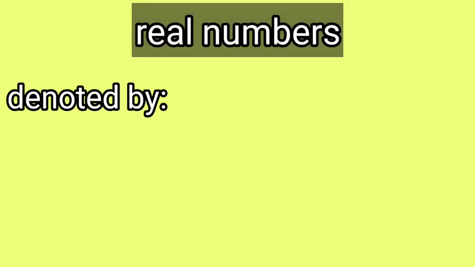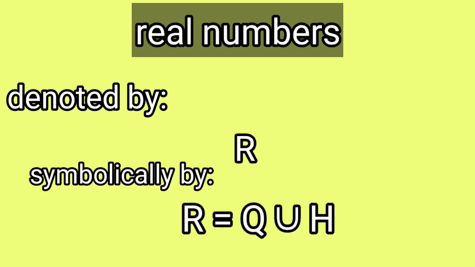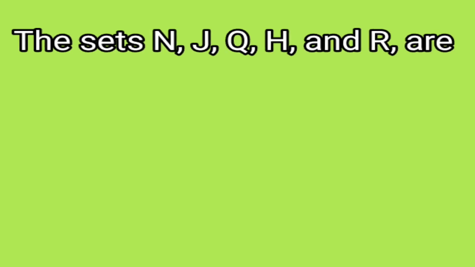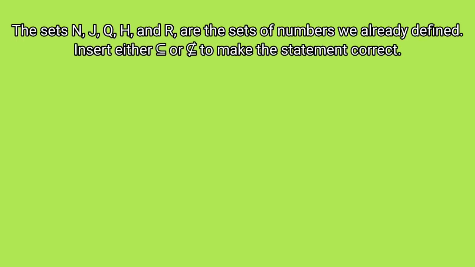Denoting the set of real numbers by big letter R, we define R symbolically by Q union H. This figure illustrates the relationship among the sets discussed. The sets N, J, Q, H, and R are the sets of numbers we already defined.